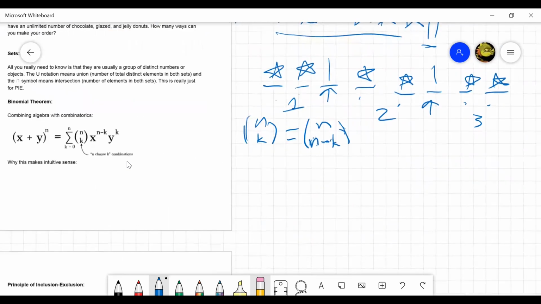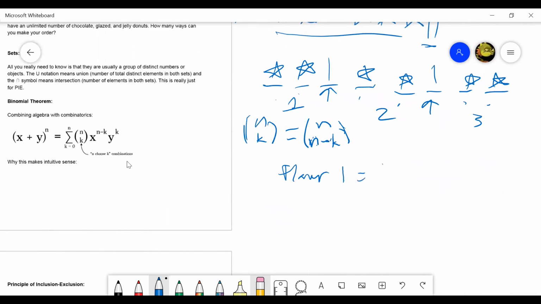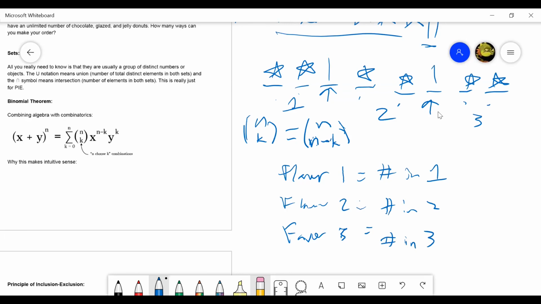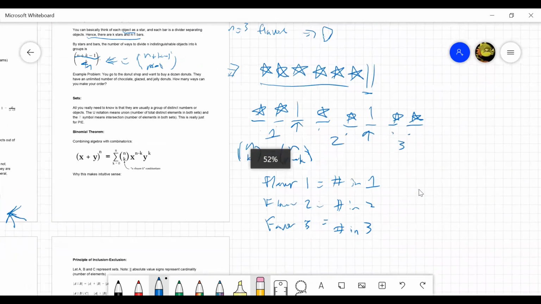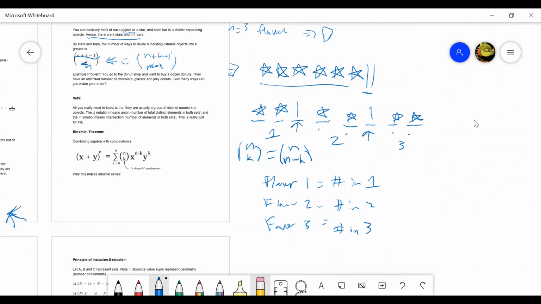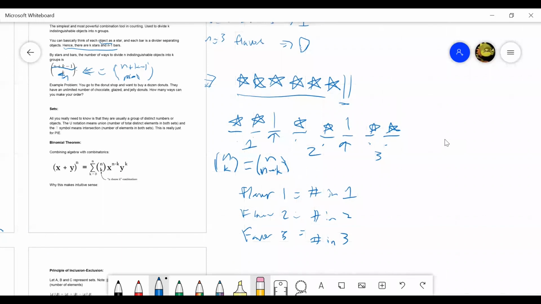And if we let flavor 1 be equal to the number in section 1, flavor 2 equal to the number in section 2, and flavor 3 equal to the number in section 3, essentially what we're creating here is a bijection, or a one-to-one correspondence, between a certain way of ordering these shapes and some way of ordering the donuts, like finding an arrangement of numbers of each flavor that you're getting.